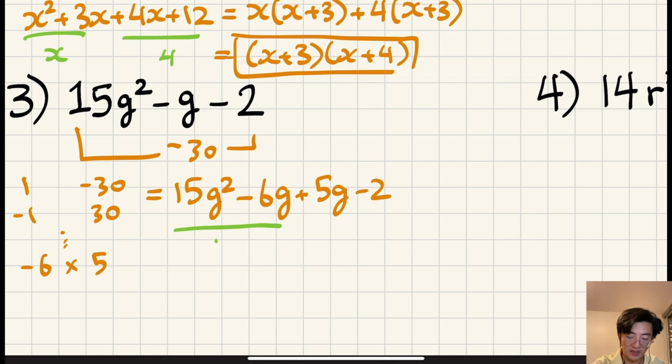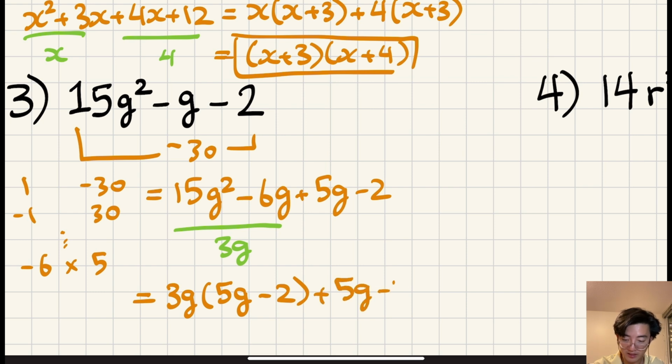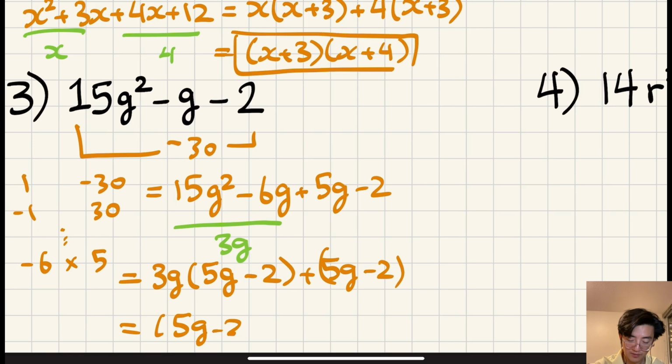We can take out a 3g, and 5g minus 2 we can leave as it is because there's nothing to factor out. So we take out a 3g, leaving 5g minus 2. Very convenient. We can put a bracket here to differentiate it. So we have (5g minus 2) times (3g plus 1).